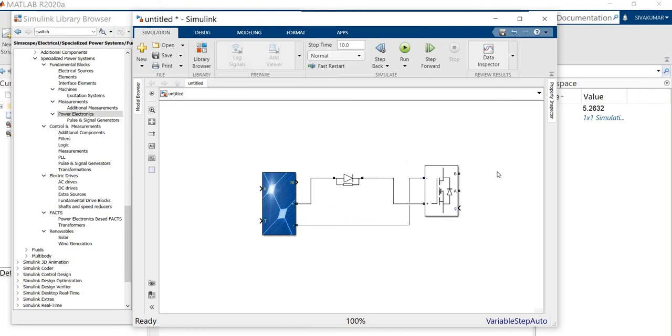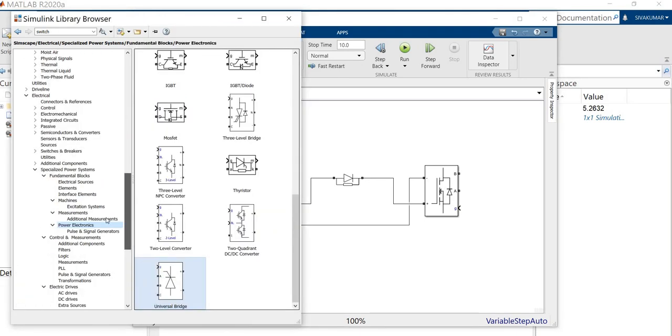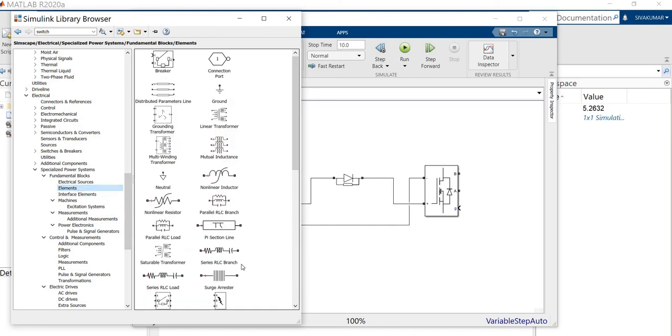Now the next thing, we are going to connect this output through the LC filter, so L and C. This is the element, the RLC series branch.